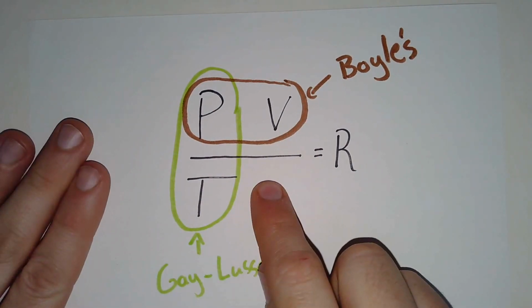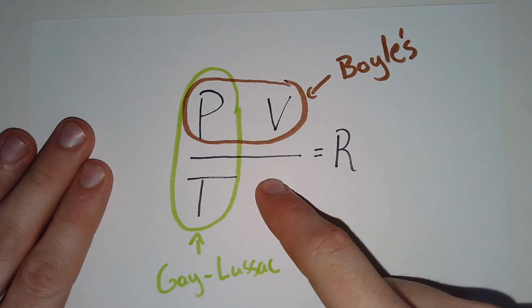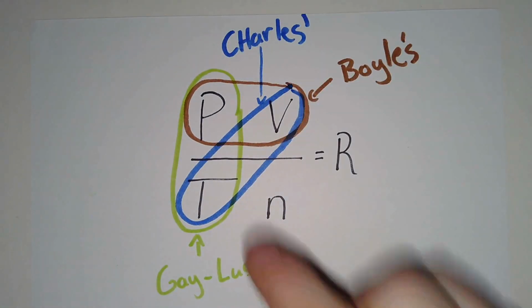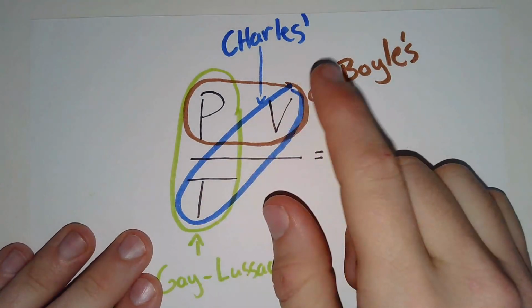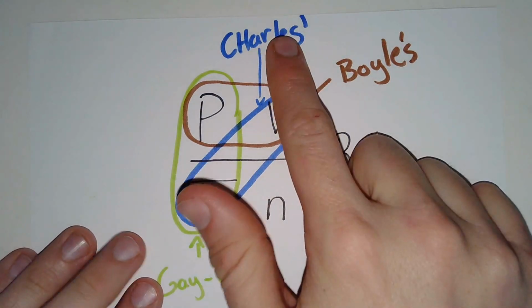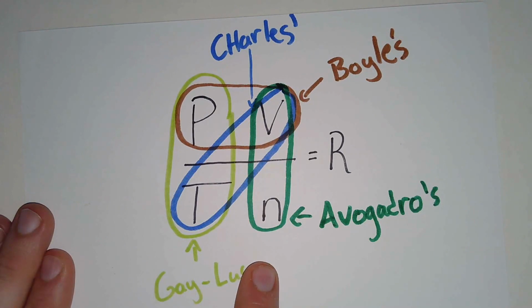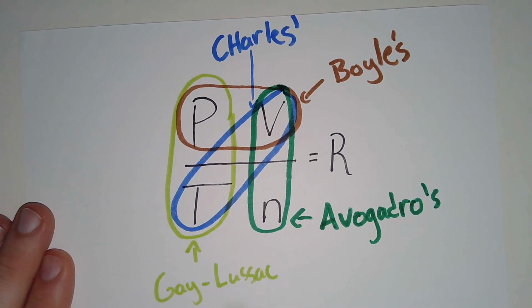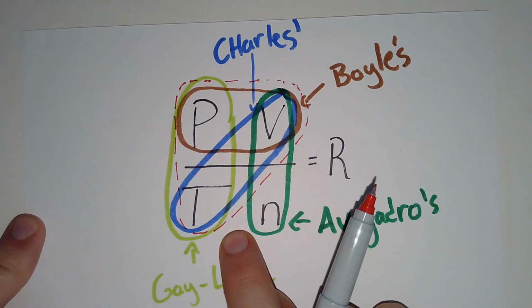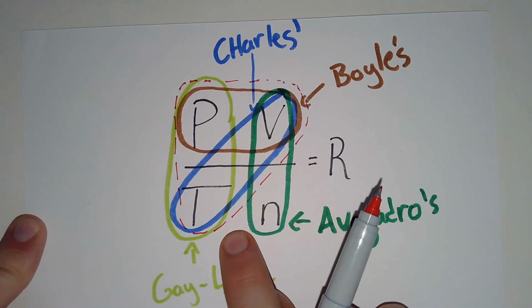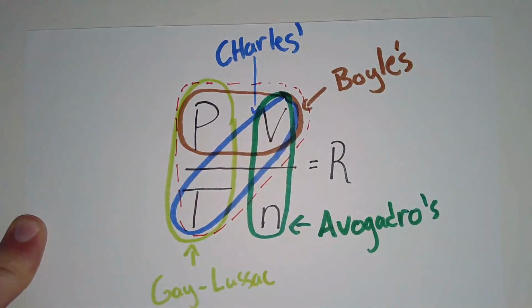Like here, pressure and temperature, that's Gay-Lussac, right? Or here, the relationship between temperature and volume, which we call Charles' law. And we just said that volume and moles are related by Avogadro. And even more, you know there's a special relationship where pressure, volume, and temperature all change at once. Which law is that again?